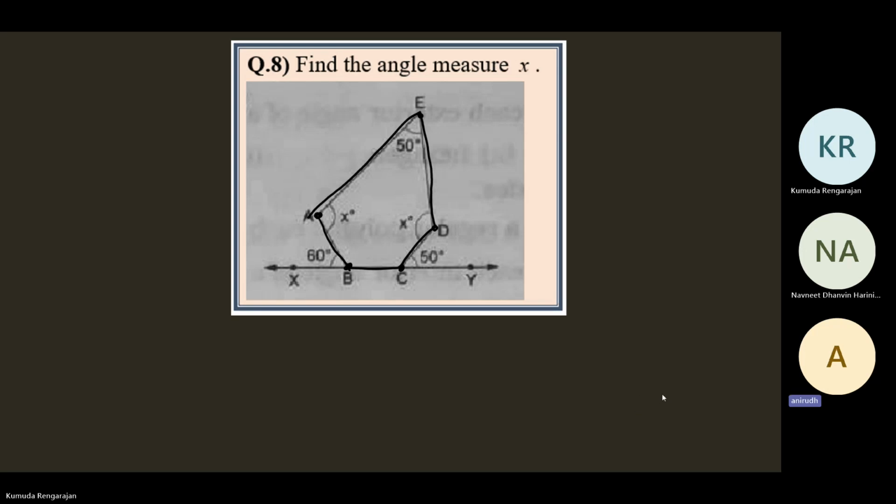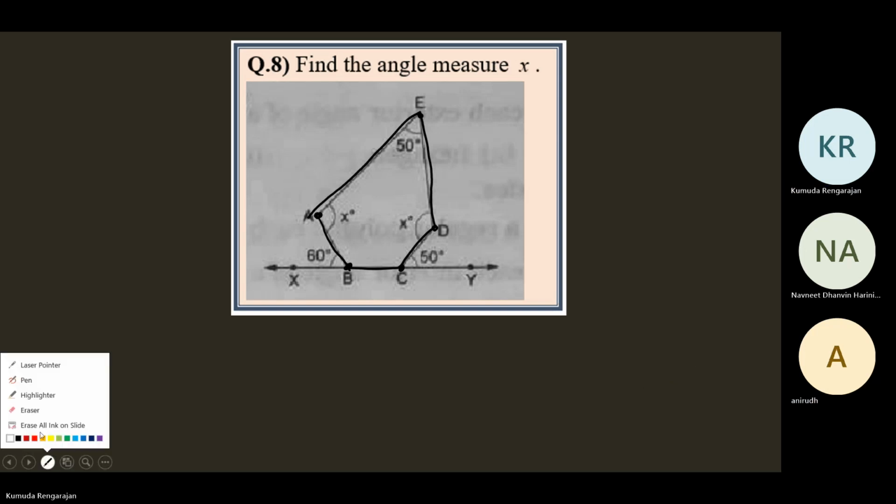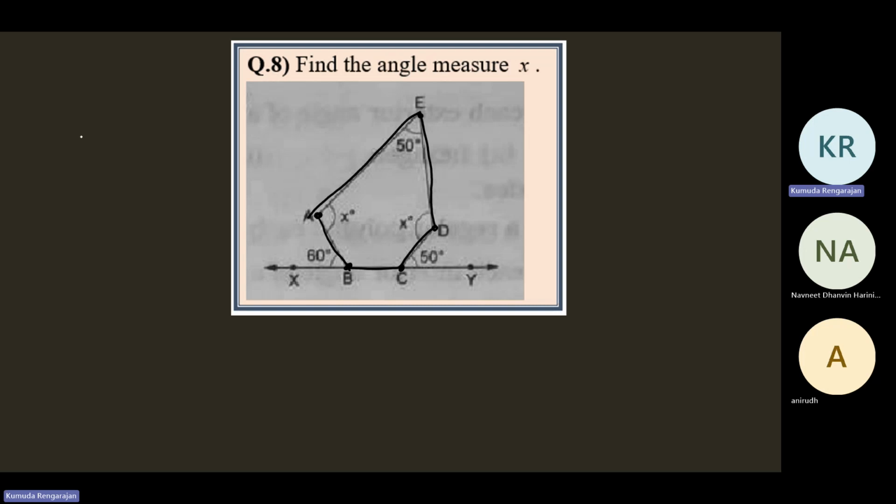A pentagon. Okay, fine. What is the name of this pentagon? Yes, it is a pentagon, correct. The polygon has 5 sides, so it's a pentagon. What is the name of this pentagon? ABCDE. Correct, ABCDE.